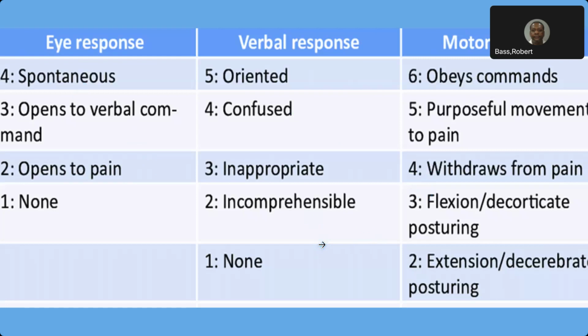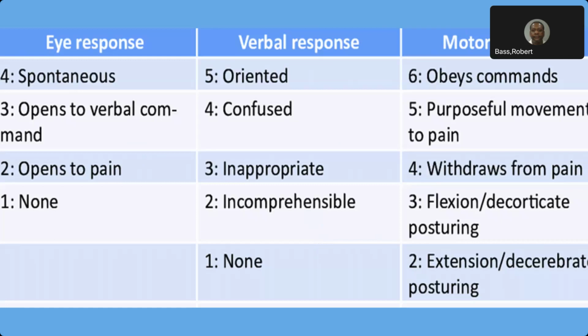One of the things that we want to do when passing this information on is to make sure that we have a definitive number, not an approximation. One of the things that I used to hear listening to radio reports is medics calling in a GCS of approximately 13 or 14. Don't give an approximation.